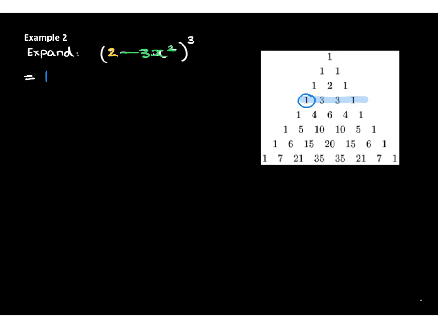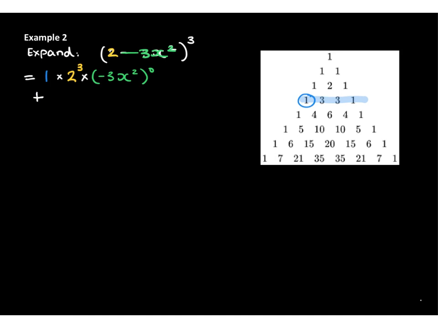So I've got 1 to begin with, and then I'm going to have 2 raised to the power of 3, and then I'm going to have (negative 3x squared) all to the power of 0, which of course is just going to be 1. Now I could have started with the indices the other way around. I could have started with 2 to the power of 0 and (negative 3x squared) to the power of 3 and swapped the increase or decrease, but I've just chosen to start it this way. It doesn't matter as long as you're consistent.